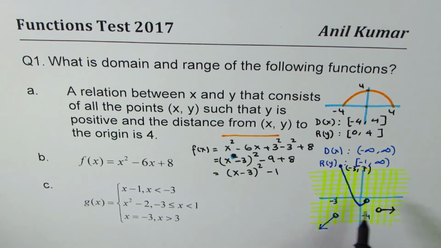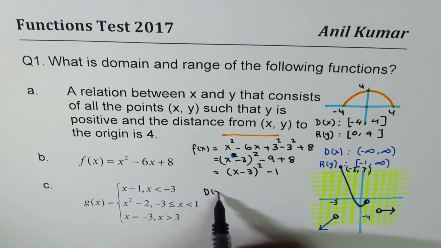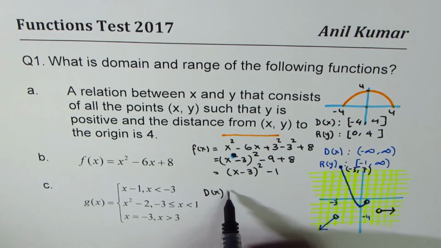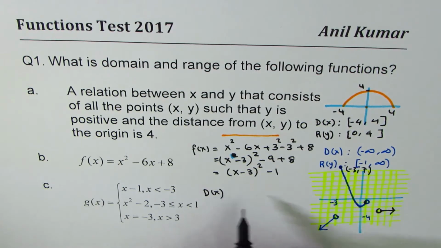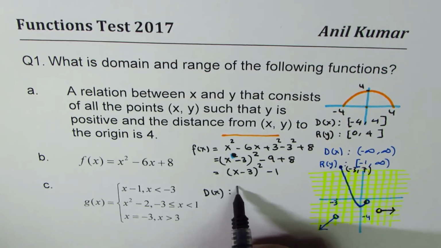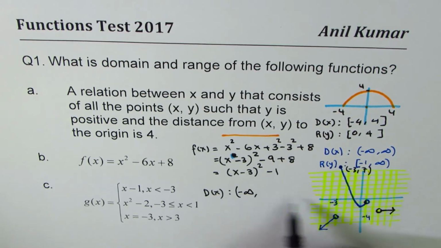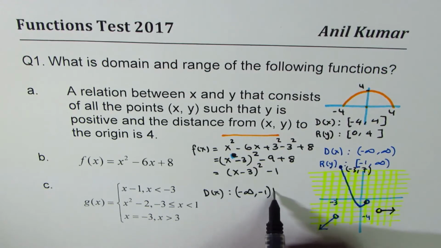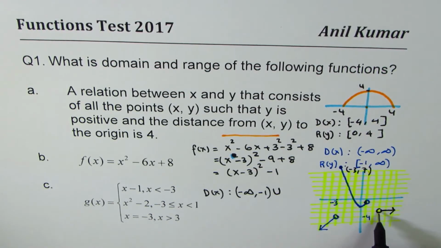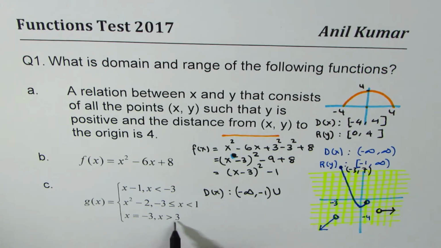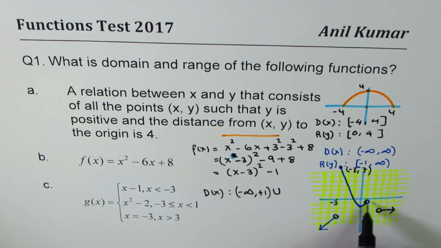So we could write the domain for this function as less than minus 3, so that is minus infinity to minus 3, union, and then from minus 3 to 1, minus 3 included. Sorry, this point is 1.